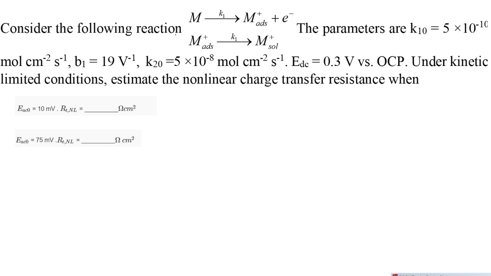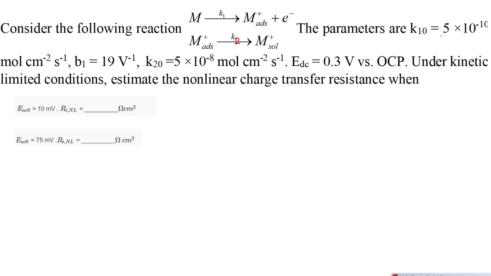So you have a two-step reaction mechanism: M giving MHO plus electron with K1, and MHO goes into the solution with K2. I think there should be a mistake there.